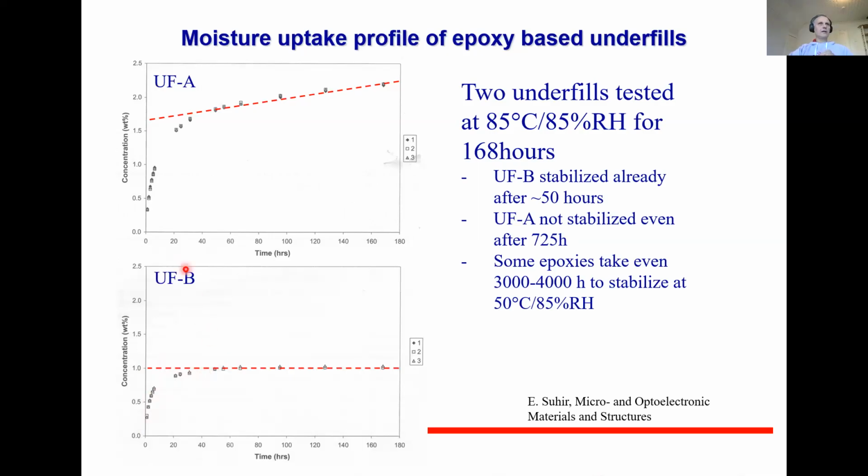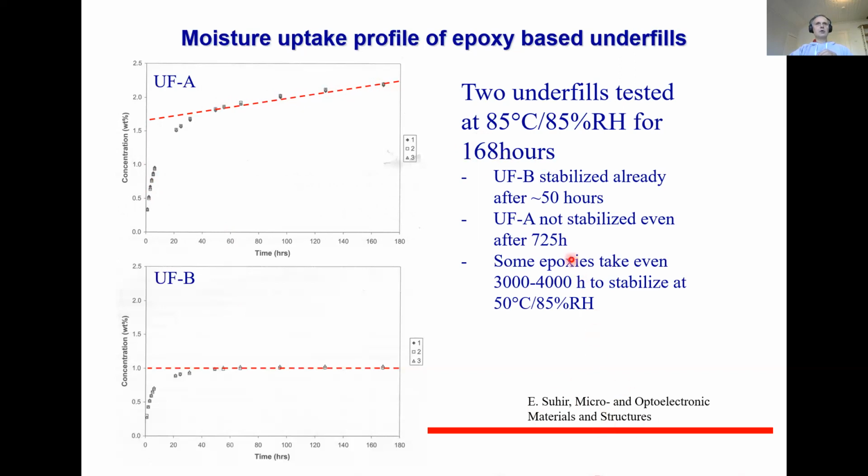But for the other underfill, which is also an epoxy, so both are epoxies but with different chemistries, after 50 hours it already has about 1.7 weight percent, almost double the amount of water, and it still continues to increase even after these 7 days.